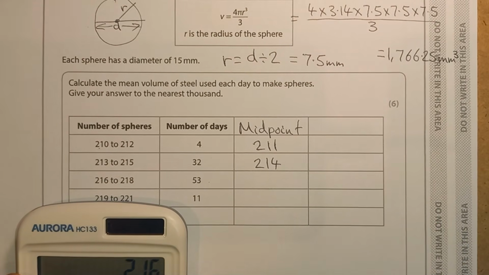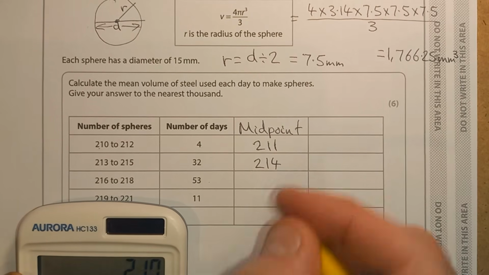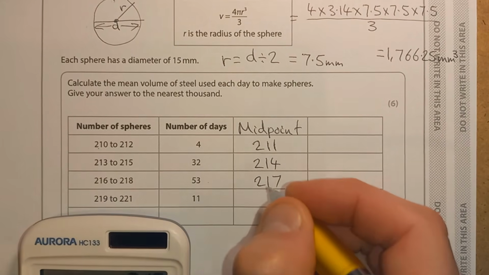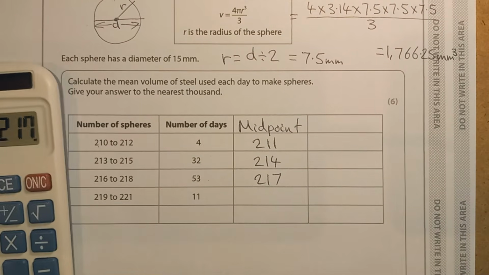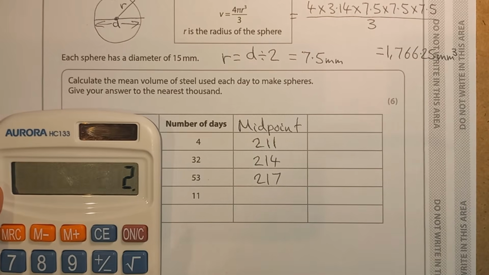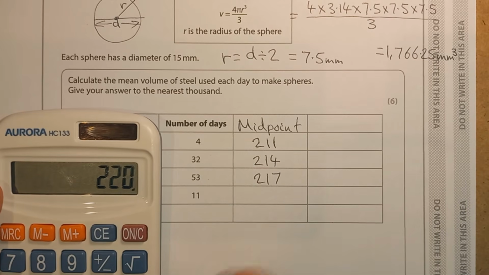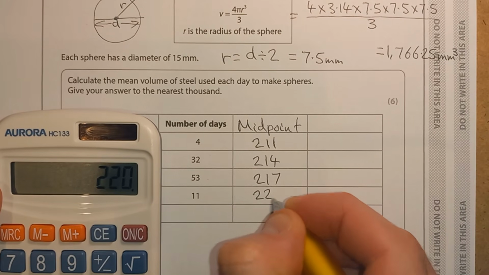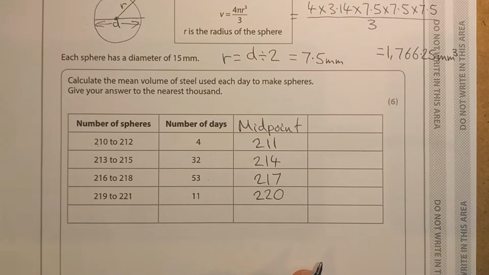So 216 plus 218, we get 217 as the midpoint. And then finally, 219 plus 221 divided by 2, 220.